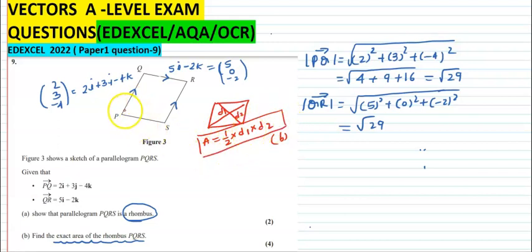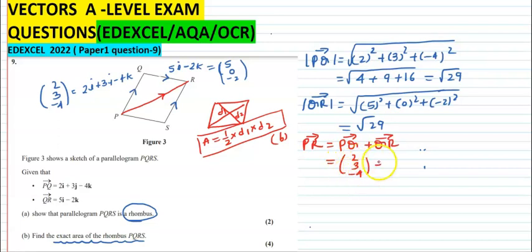So here let's connect P to R. When we are finding P to R, we can write PQ plus QR. PQ is 2, 3 and minus 4, and for QR we have 5, 0 and minus 2.